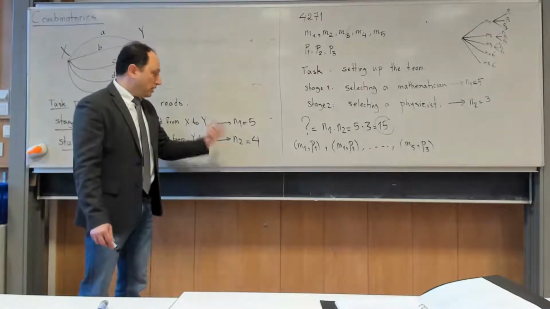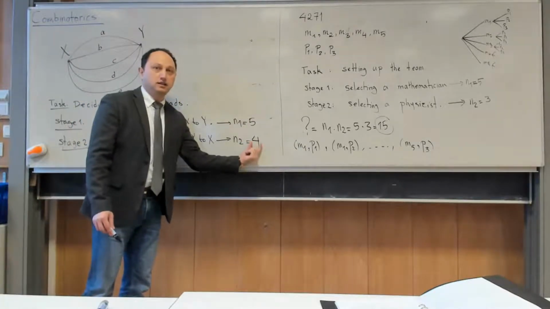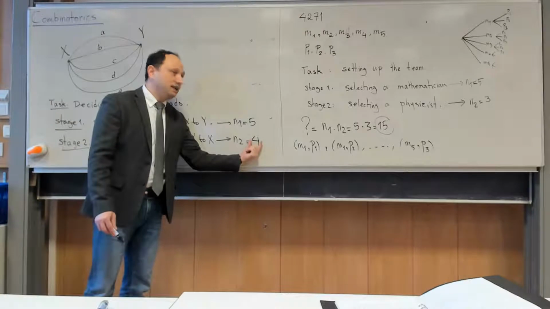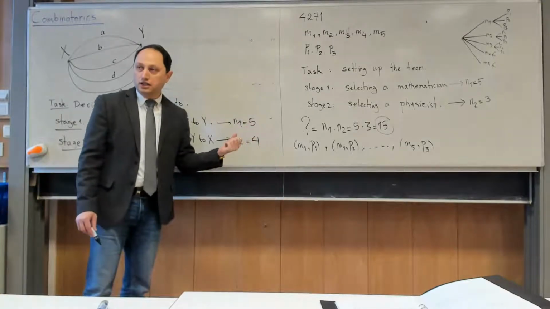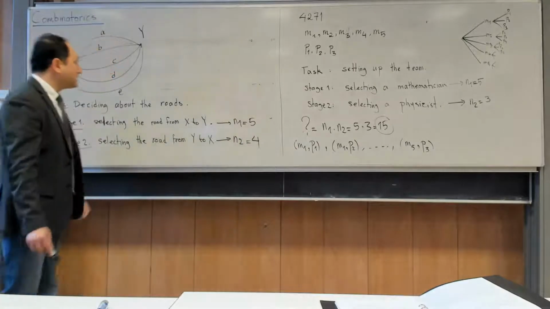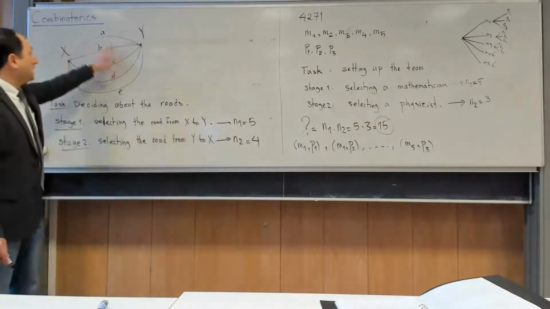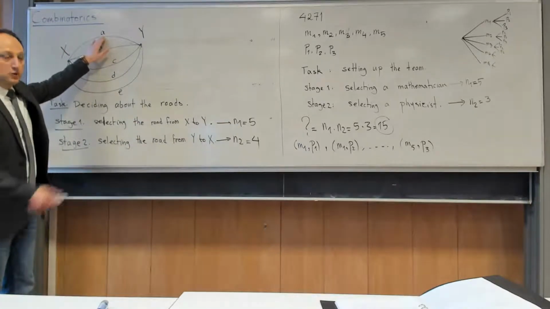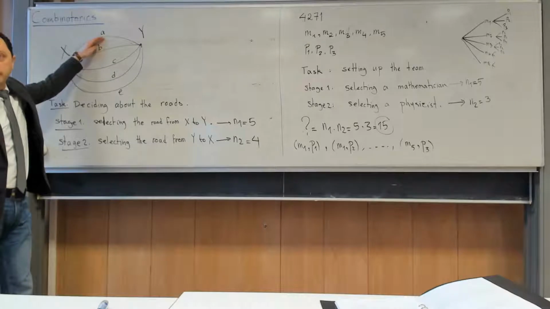But this number that you want to put here doesn't need any information from how you have done the first stage. You might say that maybe in the first stage I have chosen A. When I want to come back, how many options are available for me? 4.